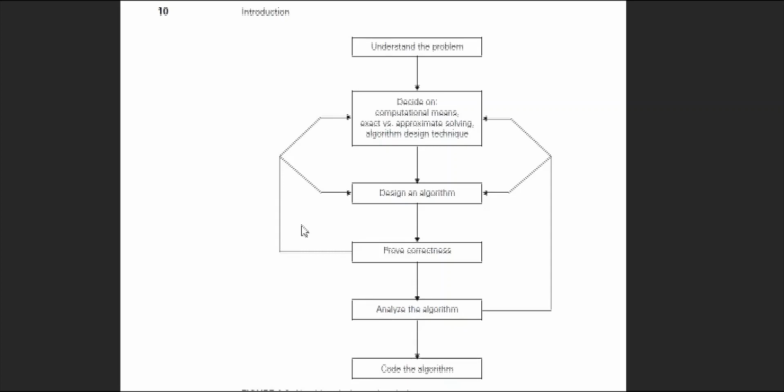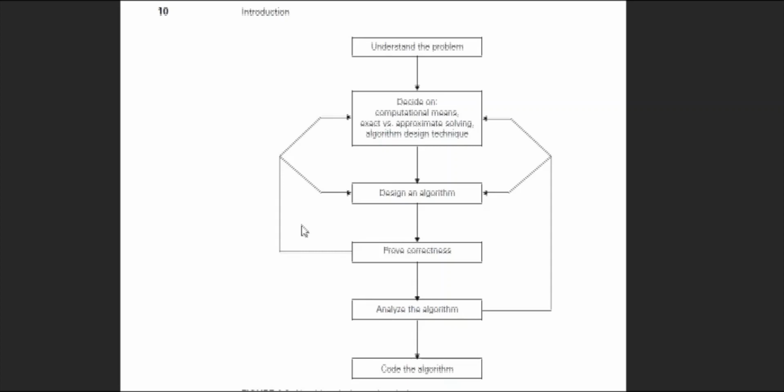Let's try to solve the problem either exactly or approximately. For exact solving, a small example is finding the route from one city to another city. We must have one exact solution. The approximate solution example is the square root of -1. We cannot solve the problem exactly, so we go with the approximate solution.